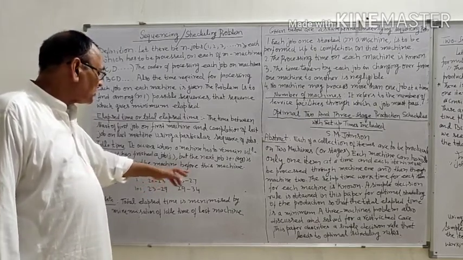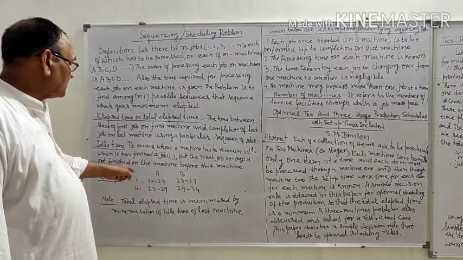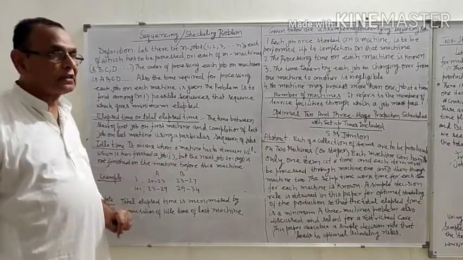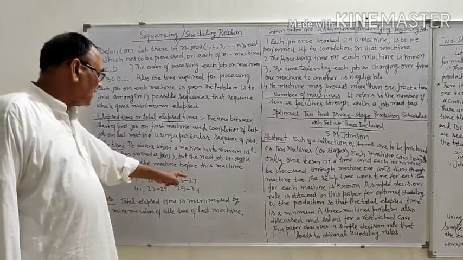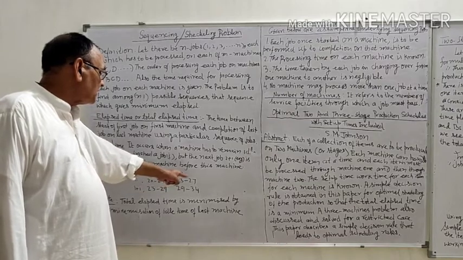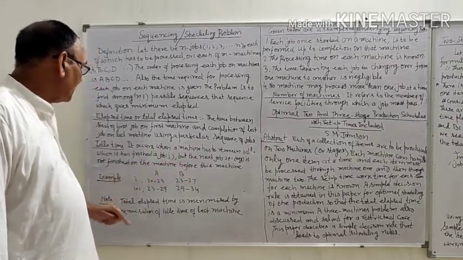Suppose the processing time of the ith job on machine B is 4 hours, then the completion time will be 23 plus 4, that is 27.